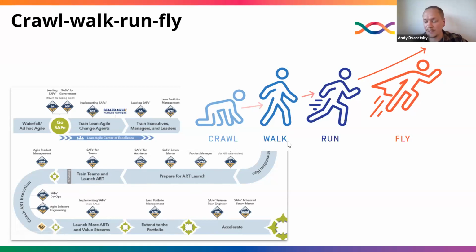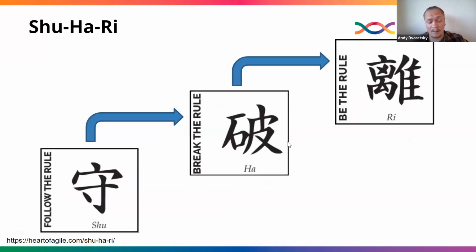better and better. At the same time, on the other hand, we should remember these levels of mastery, right? We need first to follow the rule and understand how exactly this or that practice works and why it's here in the Scaled Agile Framework set of practices and tools. Only after that are we going to break the rule and experiment and try something new.